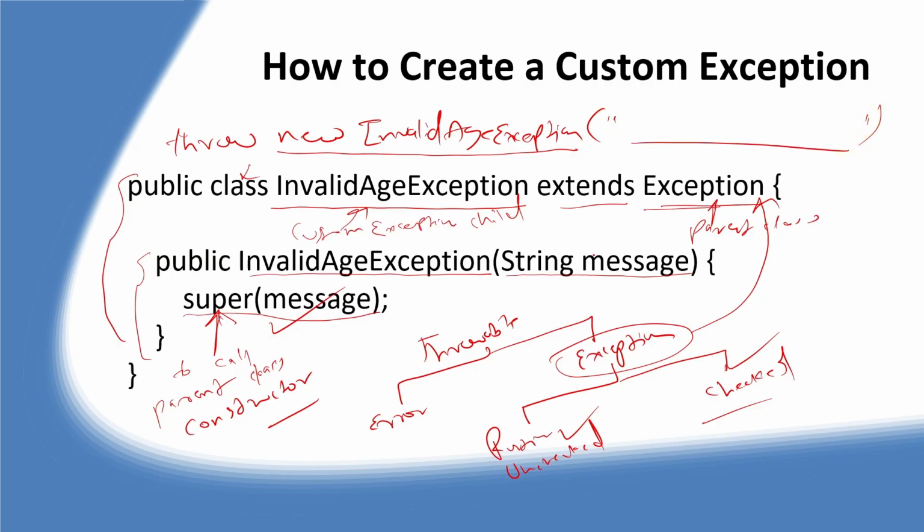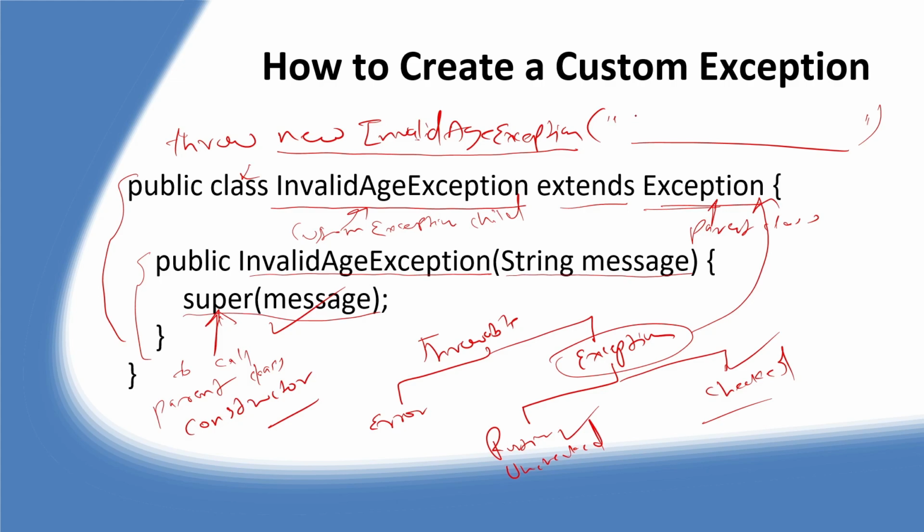When we create an object using the new keyword, during object creation in the heap memory, the constructor is called for initializing. So the constructor is called and we are passing some message.